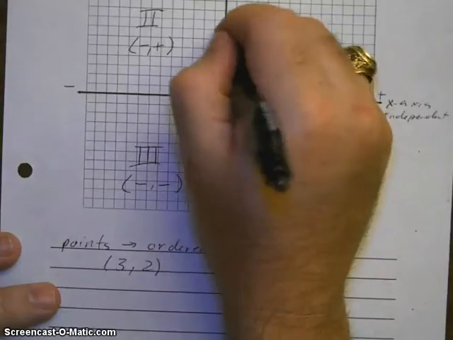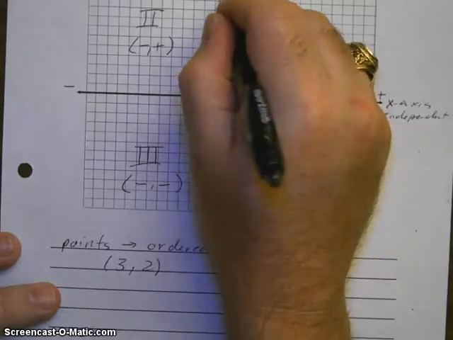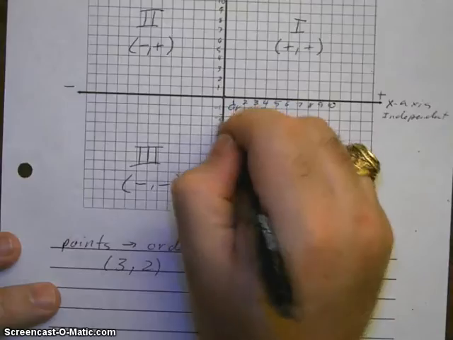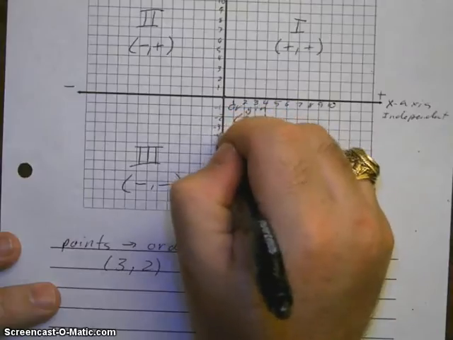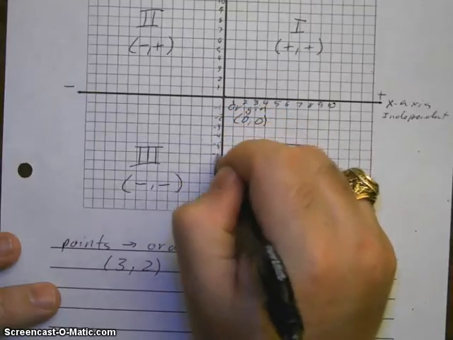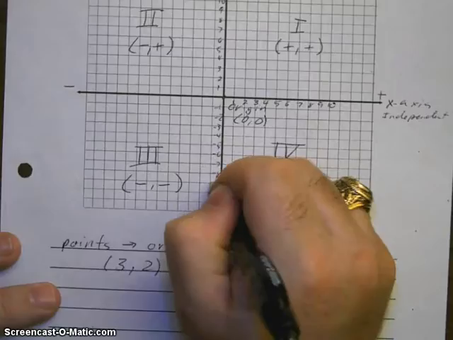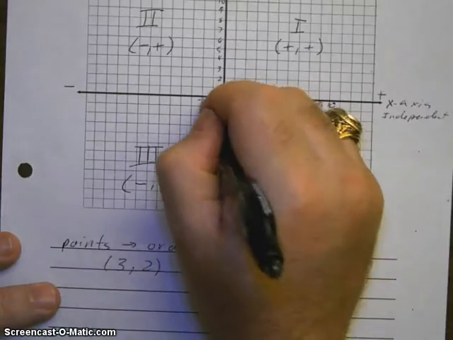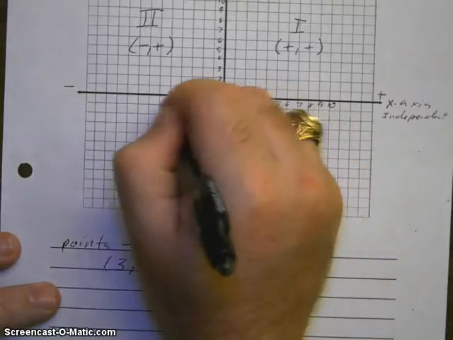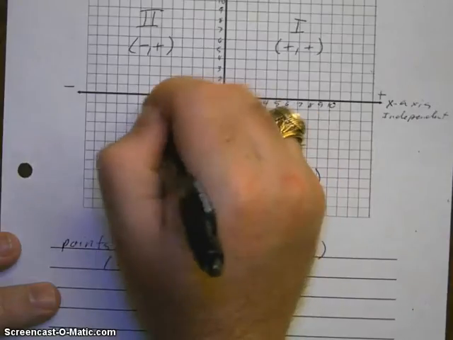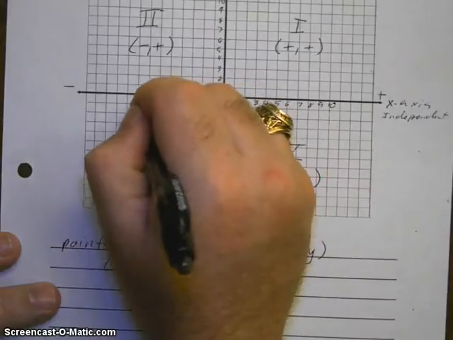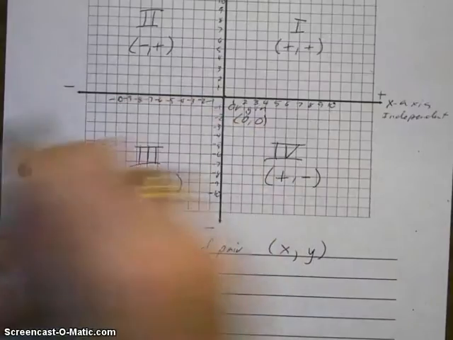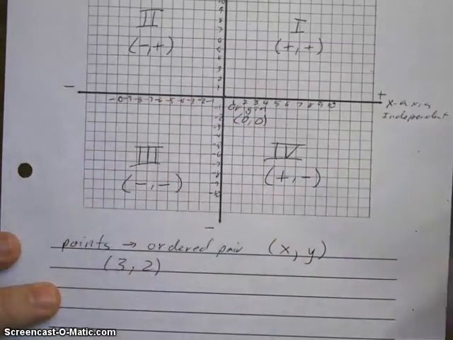Going this way, it's negative numbers. When we're counting, we count how many spaces we go over.